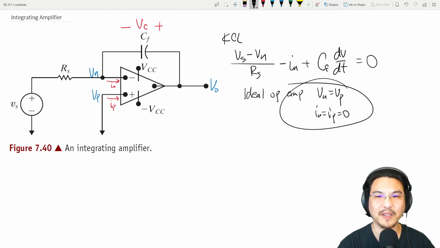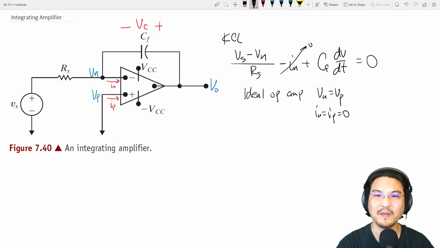Okay, so this is for an ideal op-amp. So for an ideal op-amp, this is 0. Vn equals Vp. And Vp for this particular example is tied straight to ground. For this example, not always. So for this example, this is 0. Okay, so this is 0.